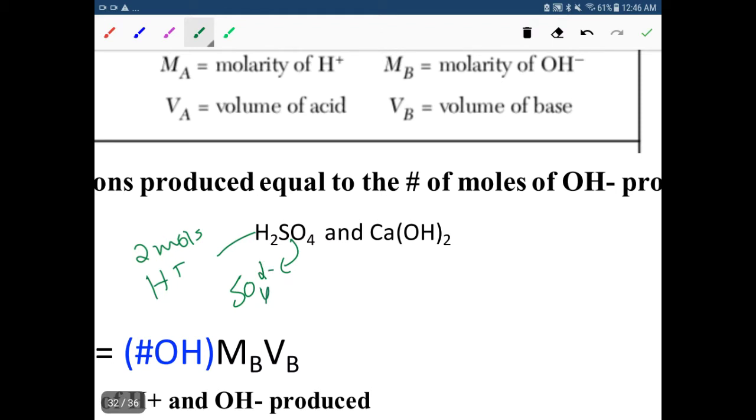And for Ca(OH)2, since you see the 2 here, if you add 1 mole of Ca(OH)2, it dissociates in the solution into 2 moles of OH- and 1 mole of Ca2+.